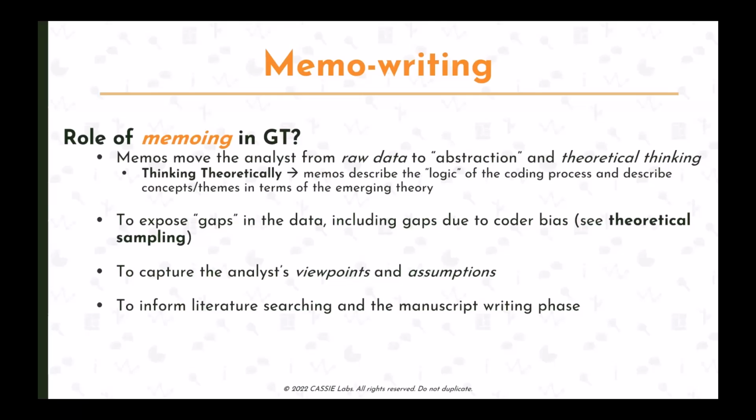And so memoing can be a great way to clue ourselves into areas of the literature that we'll eventually need to write about in a given manuscript to back up our work, but also to place our work in the broader context of similar work that's been done in the scientific community. And by informing literature searching, memos are going to be important for writing the manuscript.